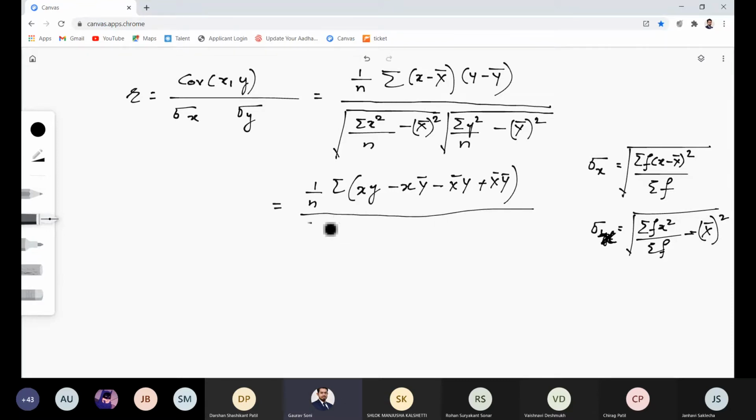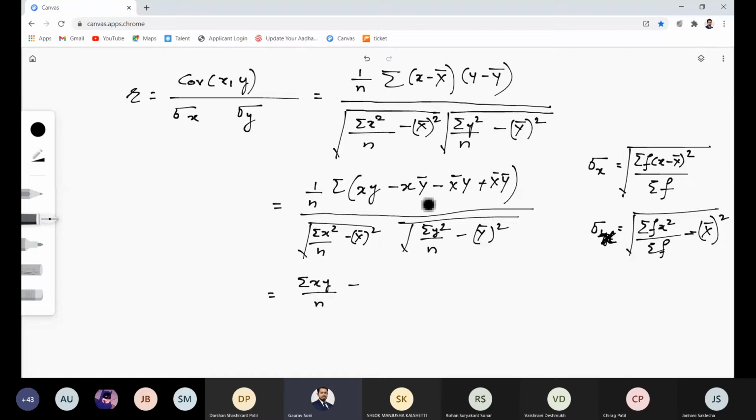Upon under root summation x square by n minus x bar square, under root summation y square by n minus y bar square. So taking the summation inside, the first term is summation xy by n.